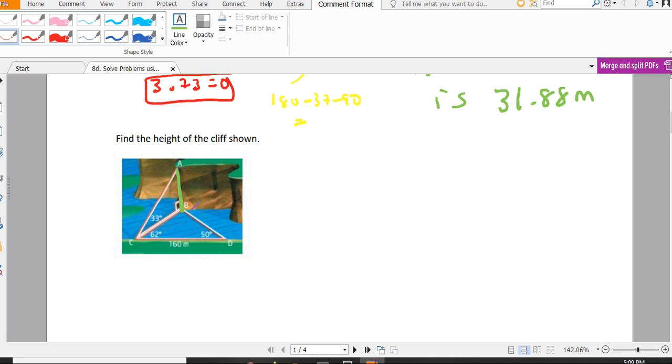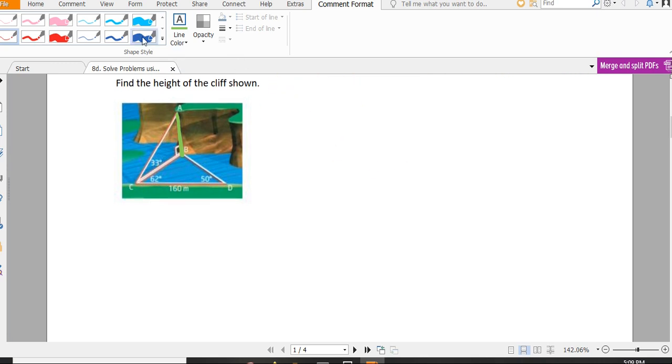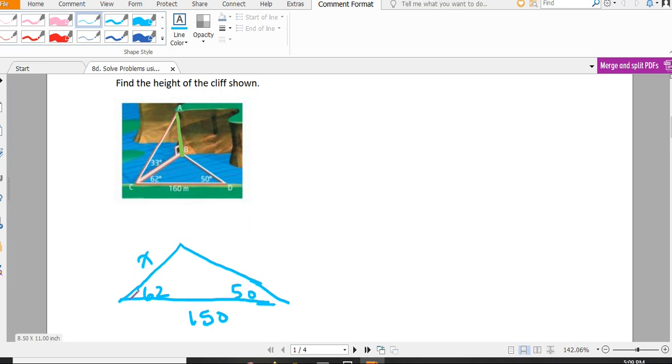The problem with that is I only have one angle and I don't have any side lengths. So instead I'm going to focus on the bottom triangle first. This bottom triangle. So I'm going to draw this out. And I know that this is 150, this is 62, this is 50, and I need to find just this side.